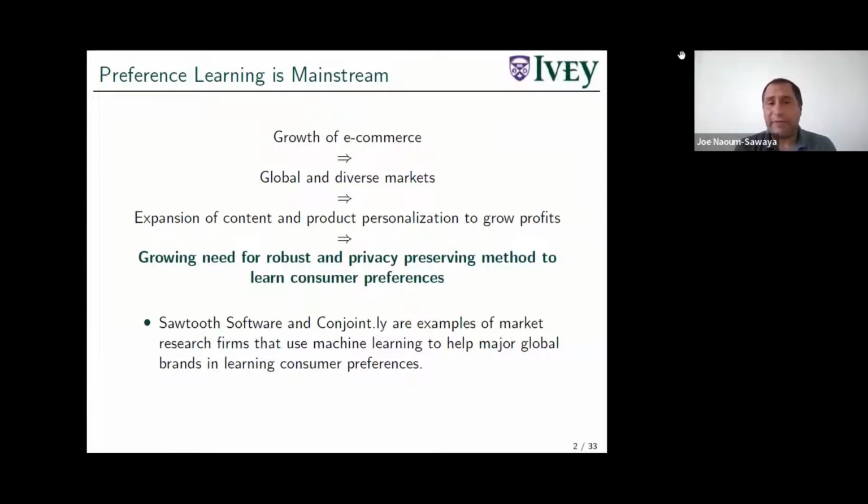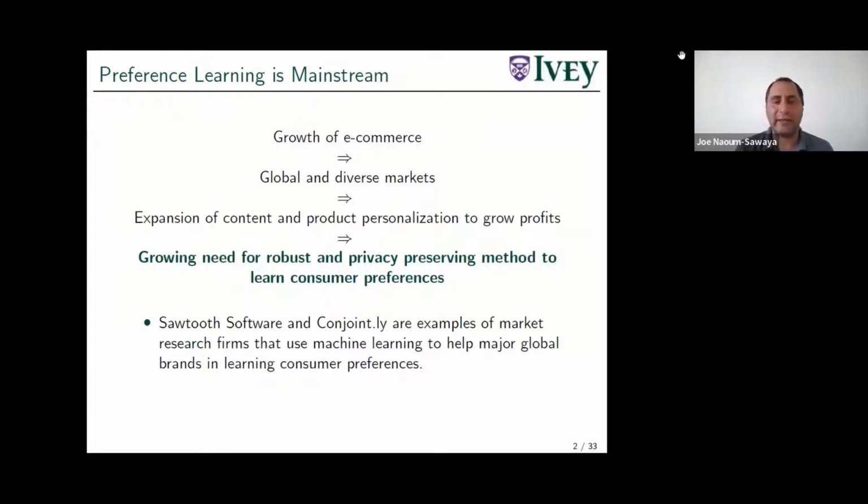Now preference learning, as I mentioned already a few times, has become mainstream. Before, probably most of the data that we would generate about consumer behaviors would come from focus groups or small selected markets.